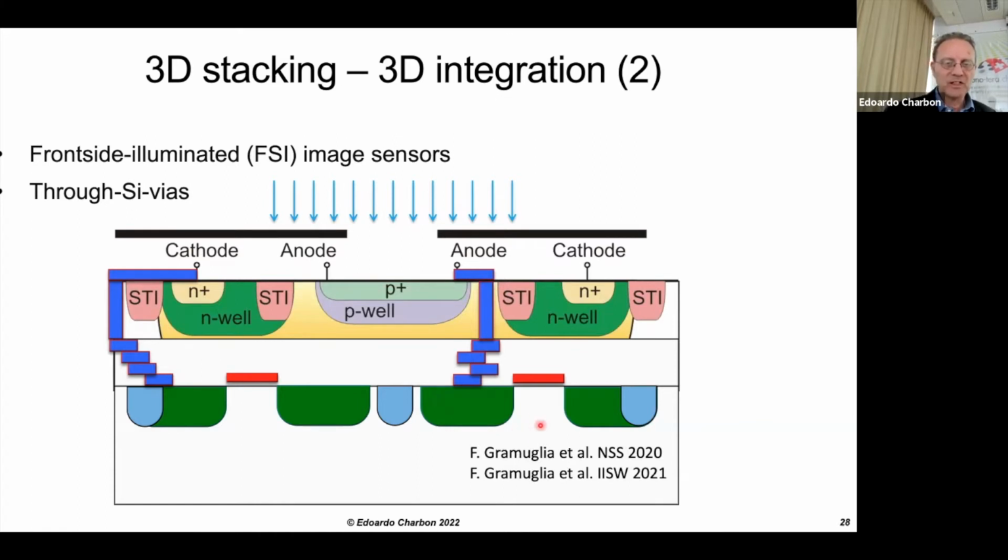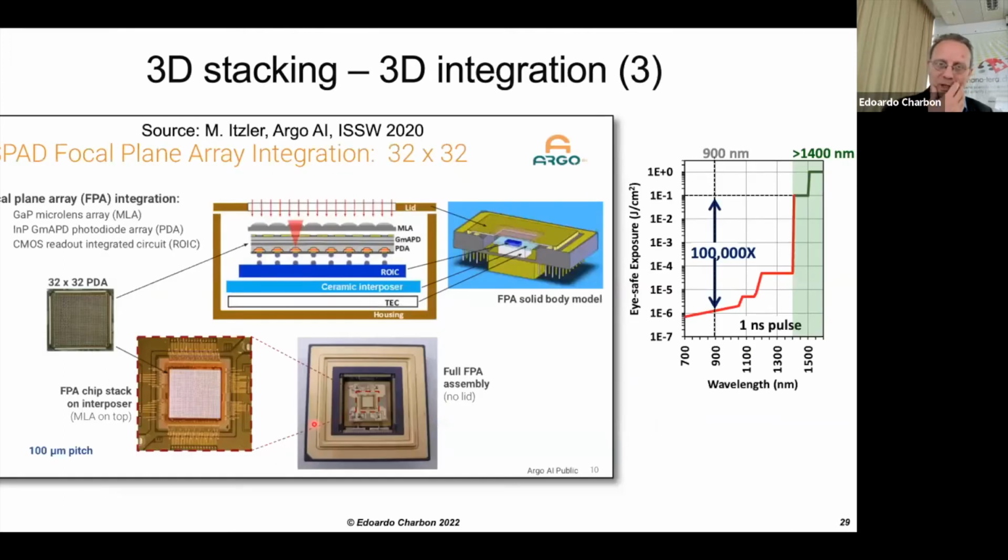The idea here is to have only the detection on one side, and all the processing, including quenching and recharge, on the other side. And why is that? Well, because we want to do a couple of things. First, we want to use maybe a combination of different technologies, one that is optimized, for example, for infrared, and one that is optimized for speed.